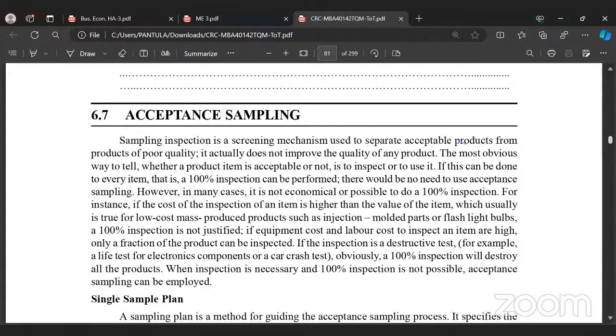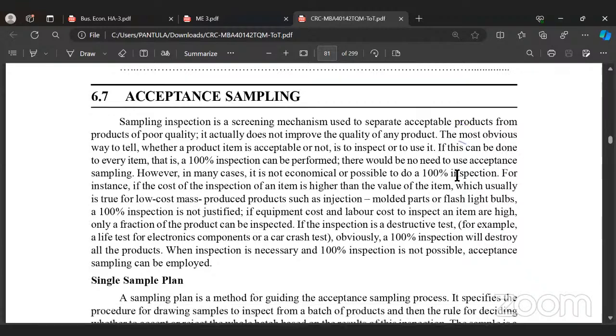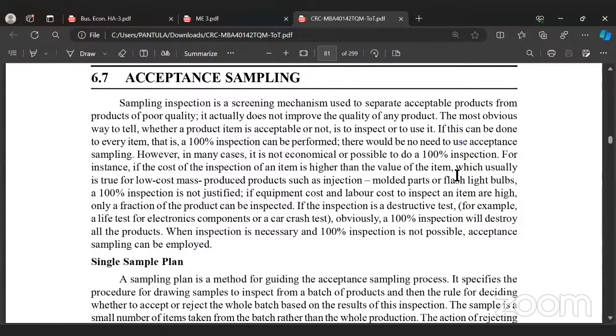If 100% inspection is performed on every item, there would be no need to use acceptance sampling. Sometimes we need to go with 100% inspection, in which case there would be no sampling.